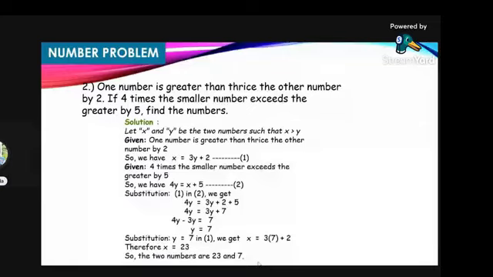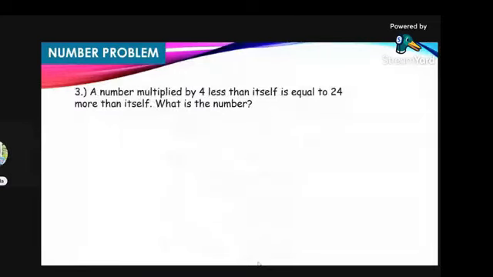Okay, let's have number 3. A number multiplied by 4 less than itself is equal to 24 more than itself. What is the number? Again, a number multiplied by 4 less than itself is equal to 24 more than itself. What is the number?